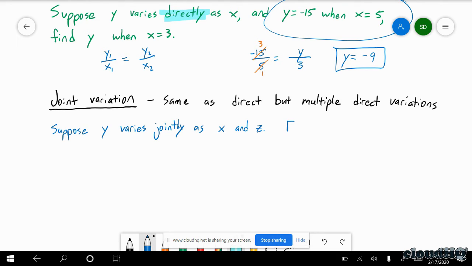Find y when x equals 10 and z equals 5, if y equals 12 when z equals 8 and x equals 3.